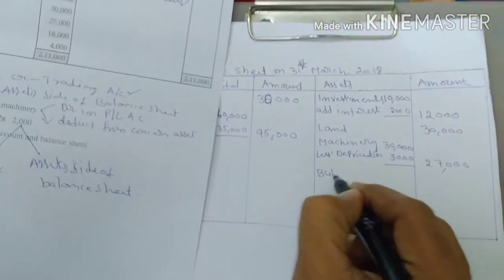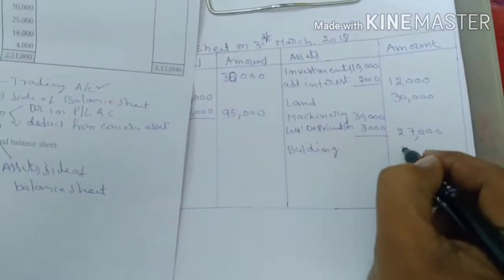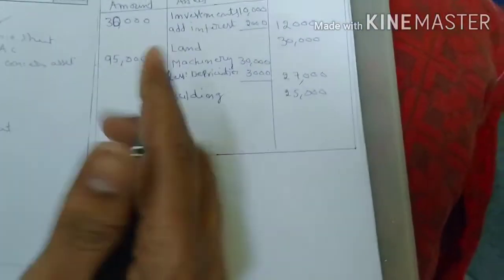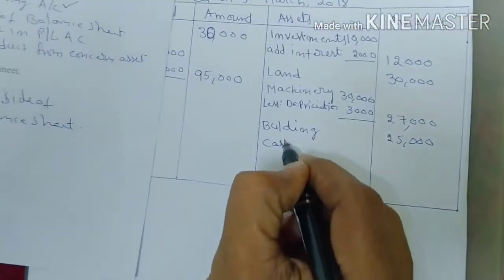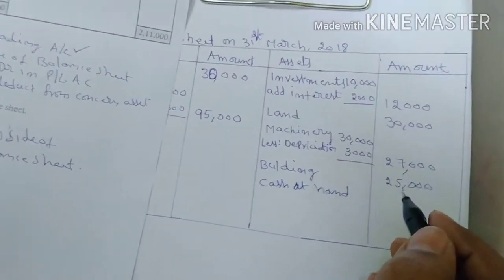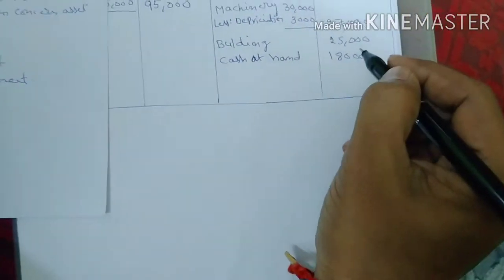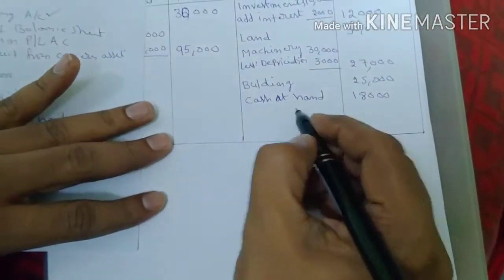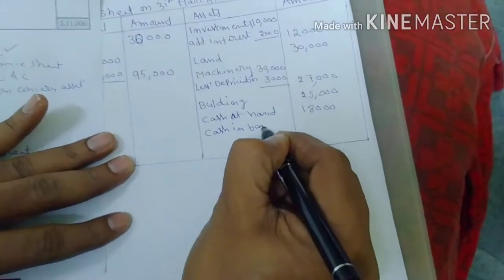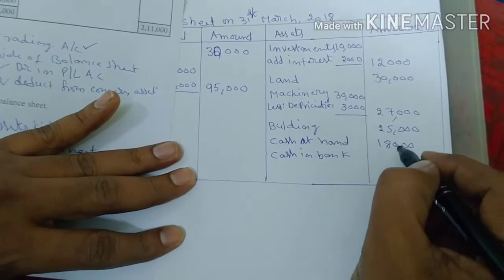Next after machinery, building, no adjustment, directly post the amount 25,000 rupees. Next to that, cash at hand is 18,000 rupees. Next cash in bank, that is 4,000 rupees.